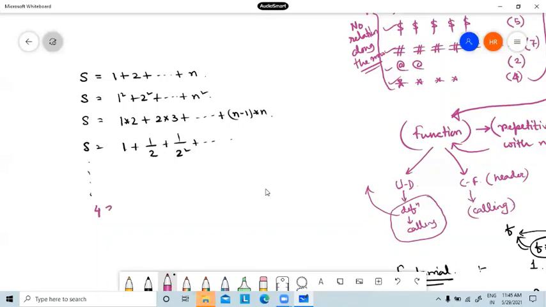Problem is like this, and I hope I have discussed about it a little bit in the previous class.